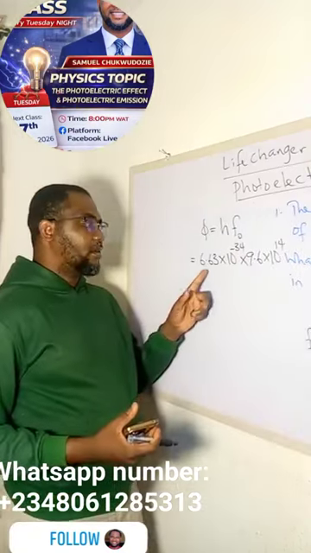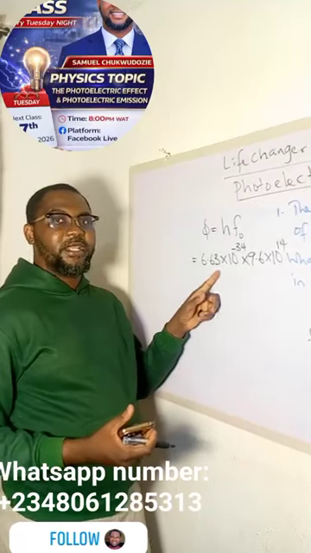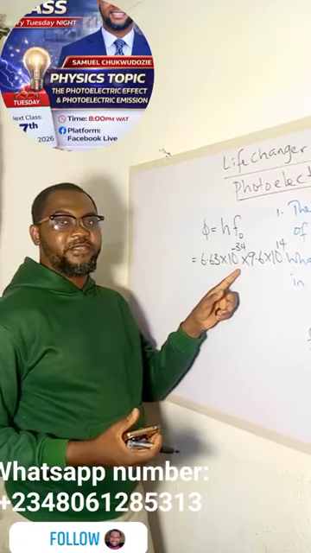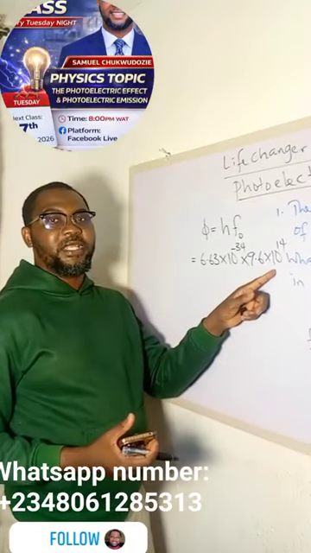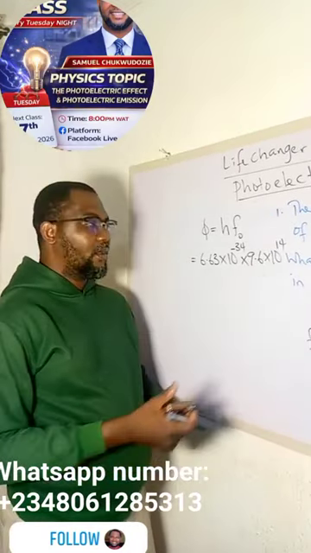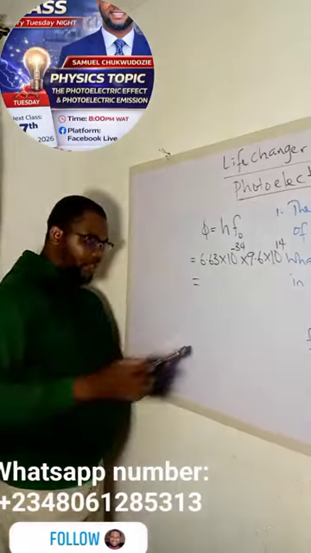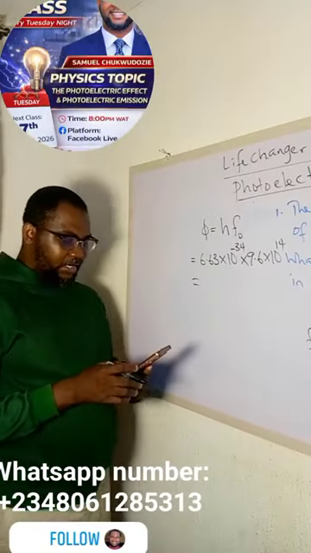So my Planck's constant is 6.63 times 10 to the power minus 34, and the threshold frequency is 9.6 times 10 raised to the power 14. If you have a calculator, you can do that quickly.